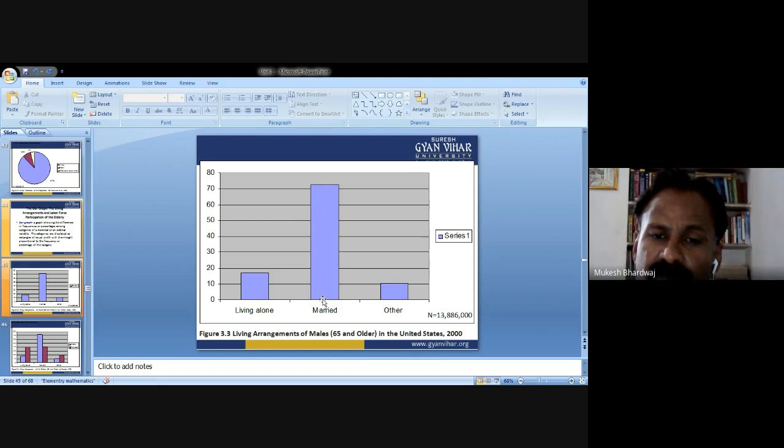If I'm talking about males who are married, aged 65 and more, then the percentage of those people is above 70, and the category between these two is others, and it is approximately 10%. Okay.